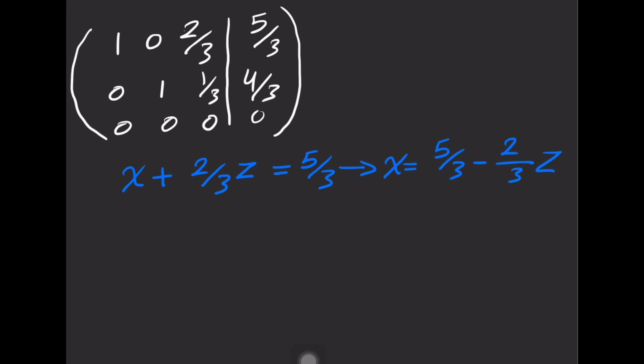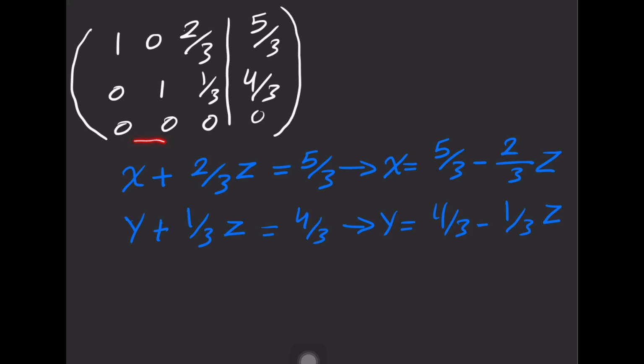And in row 2, we have y plus 1 over 3 z equals 4 over 3, or simply we can say y is equal to 4 over 3 minus 1 over 3 z.